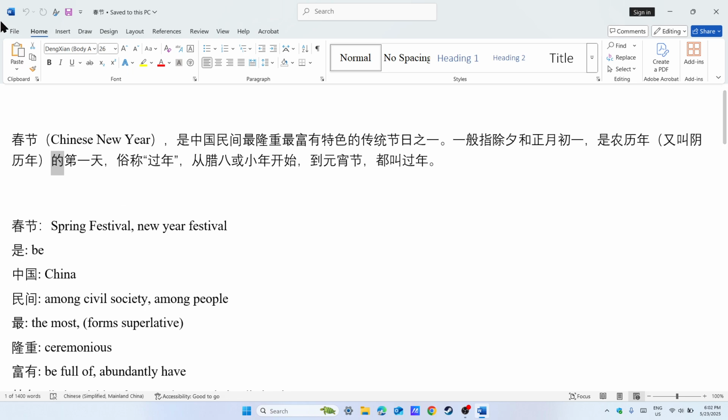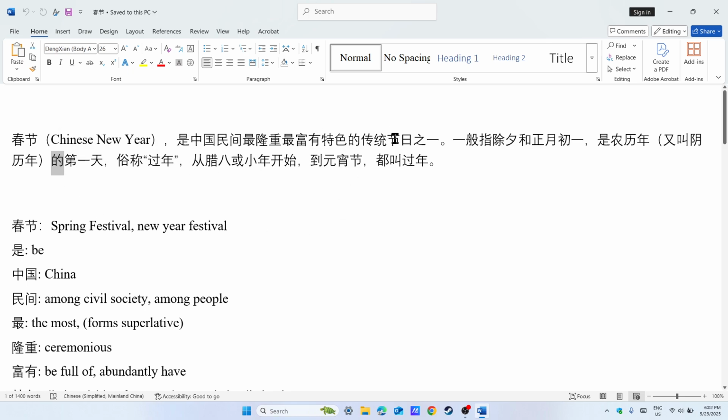Although if you put a 的 here, the sentence becomes much smoother, much more comfortable when you read it. So here the 的 is kind of omittable, you can omit it.